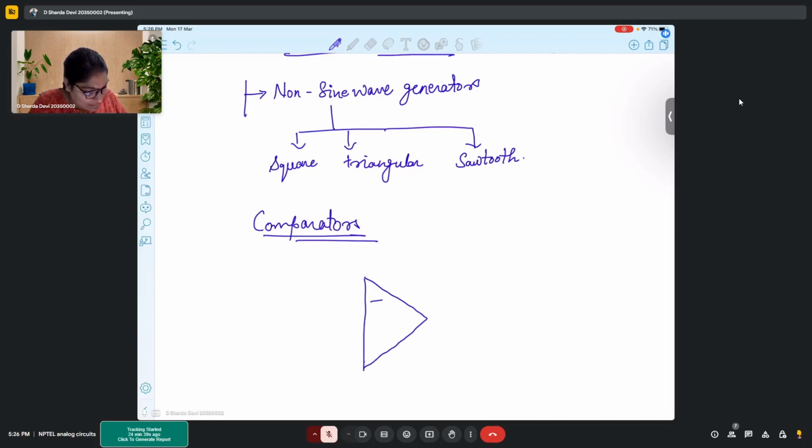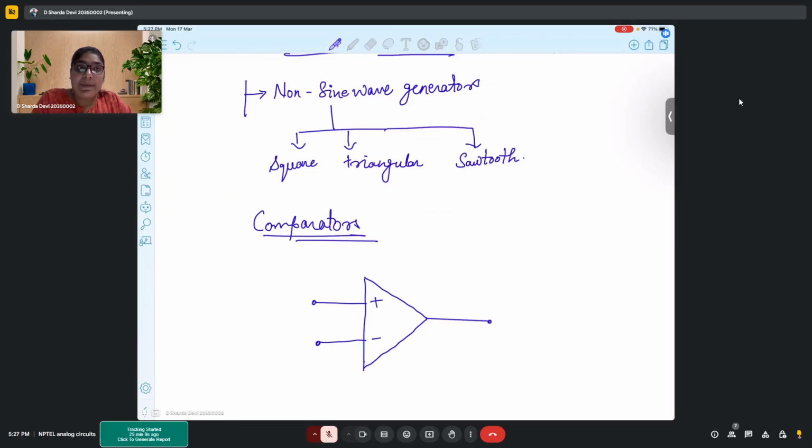See, this is an op-amp. You have two inputs. Now we already know that when there is an op-amp without any feedback, the gain of the op-amp is very high. So the op-amp always amplifies the difference in the input terminals, right?